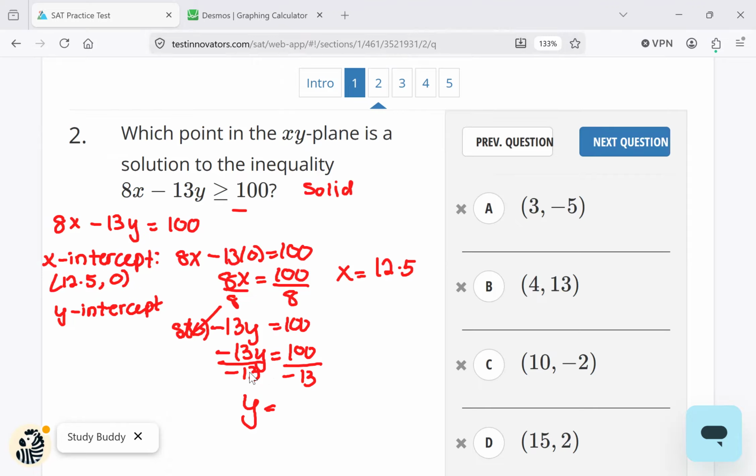I get about negative 7.7, so you have a y-intercept at 0, negative 7.7. If you draw it out, my x-intercept is 12.5.